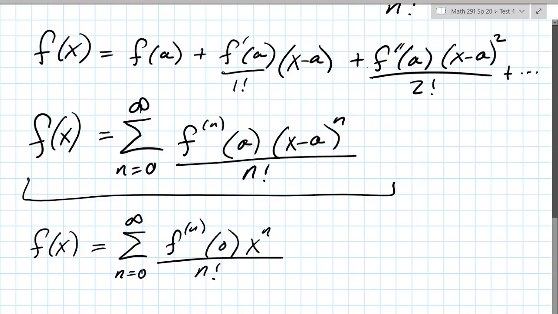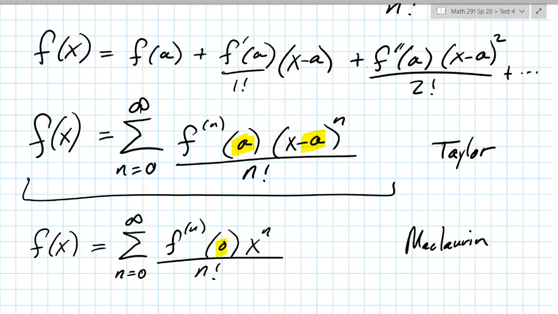This is called the Maclaurin series. So this is Taylor, it's centered at a, and then here's Maclaurin, and it is centered at 0. So we're going to see how we can write functions in this form.